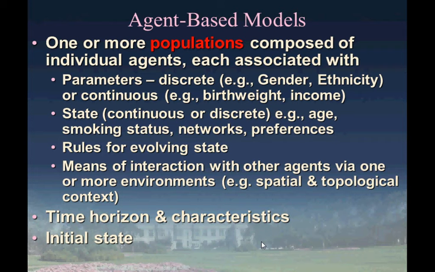So for a person, it might be gender, ethnicity, someone's birth weight. And for the sake of a model, which is short term, we might treat their income as a static quantity. But then there are going to be some components that are state of that person. These are things that are changing about that person: their age, their smoking status, the people that are connected to them in networks, and their preferences.